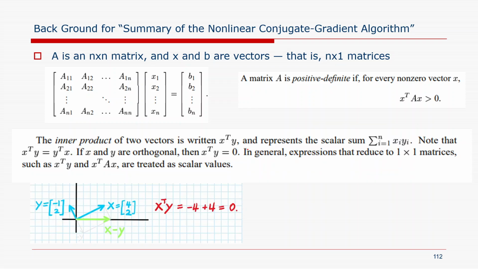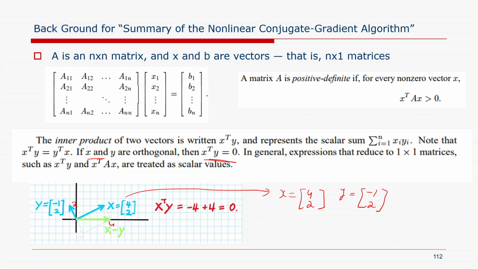And now orthogonality. What is orthogonality? Two vectors, x and y, are orthogonal when x transpose y is equal to 0. In this diagram you can see x is a vector with the values 4 and 2, and y is a vector with the values -1 and 2.